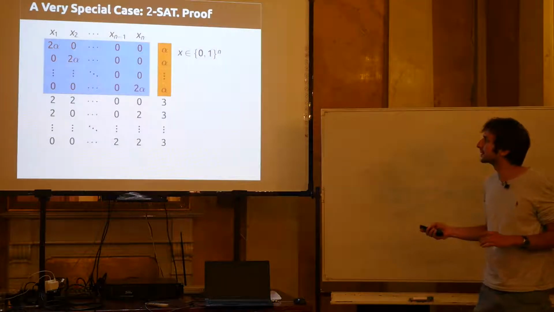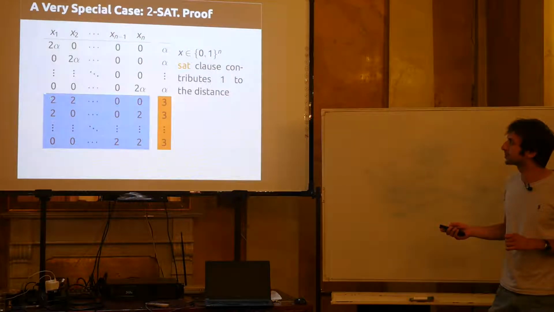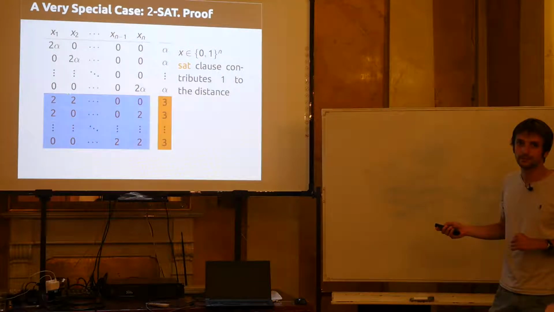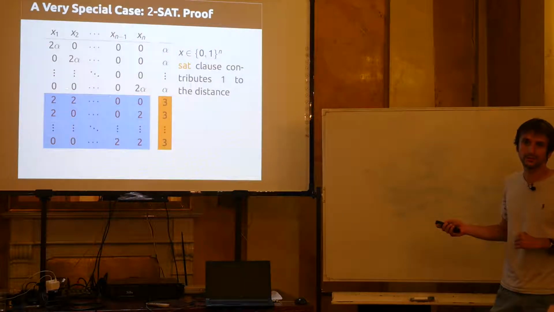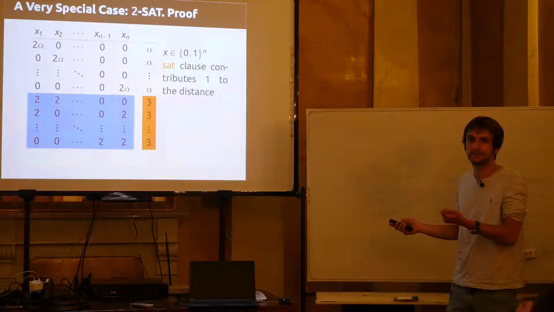Now let's look at the second part. Assume x satisfies some clause, say this one. Then this means that I've taken this guy or maybe both of them. So the sum of coordinates in this row will be either 2 or 4. And again, the distance from both of them to 3 is exactly 1.